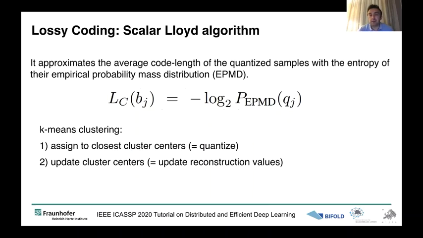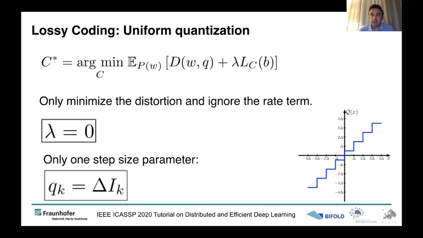These steps are done in alternation, but the rate part, the average code length, is fixed in this case.